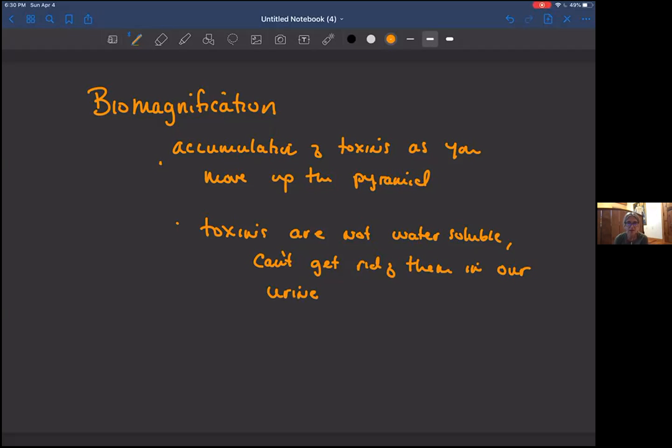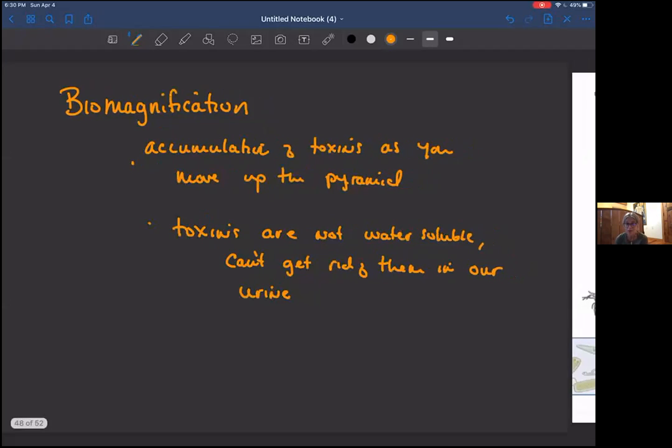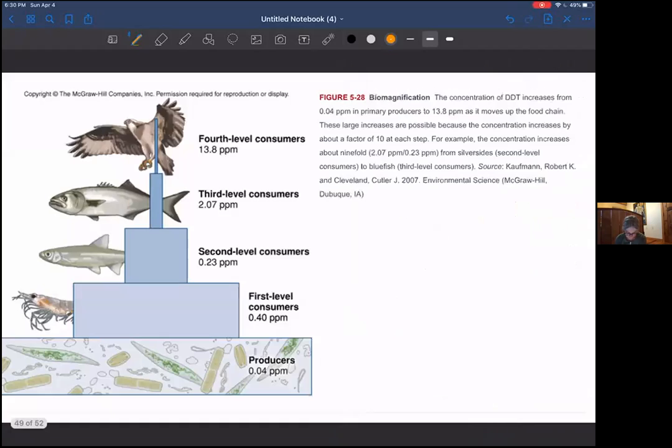So if we look at an example of how this looks in a pyramid, here we're looking at DDT. DDT is an insecticide that is used to kill specifically mosquito larvae, that was used really abundantly earlier in the 1950s, when they would spray parks.